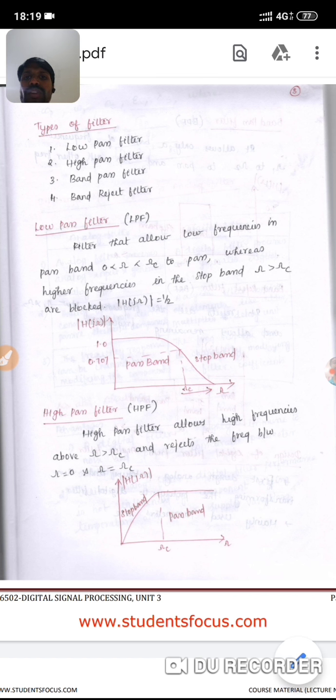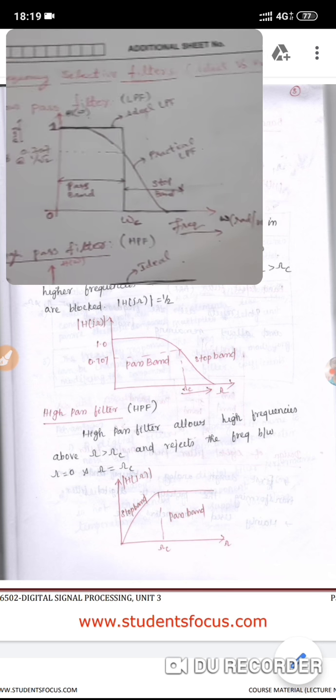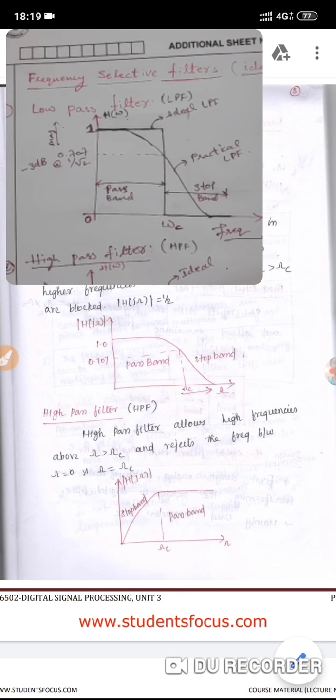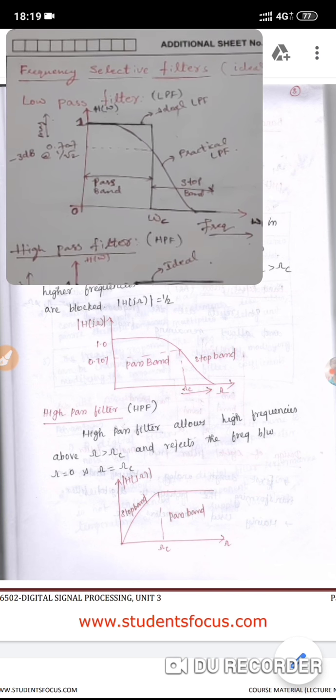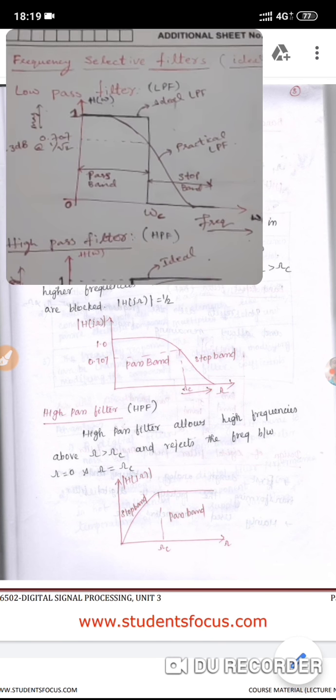In filters also there are ideal and practical. What are ideal filters? An ideal filter is the one which has ideal characteristics, having a sharp cutoff. That means there is no transition band.